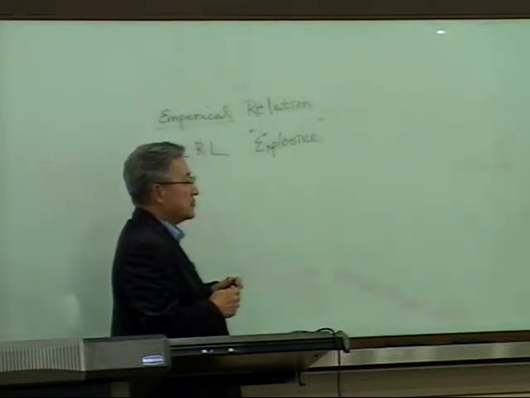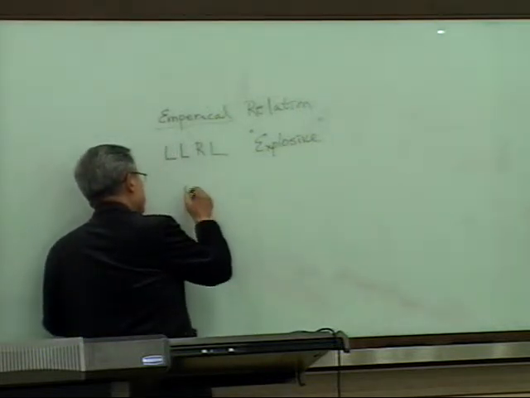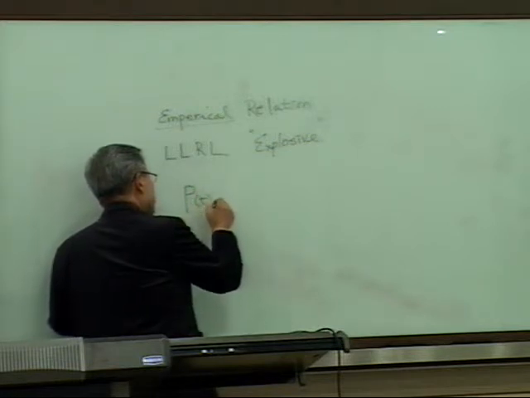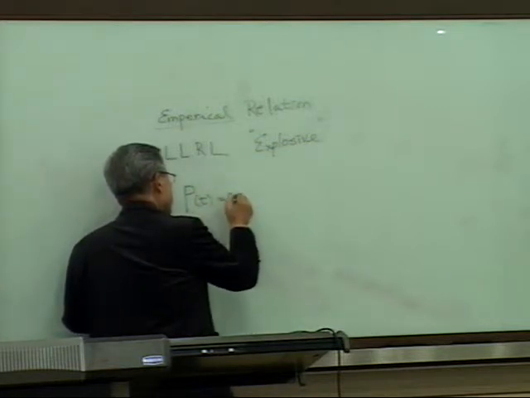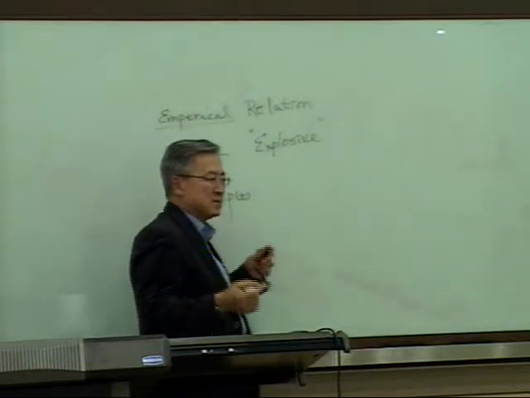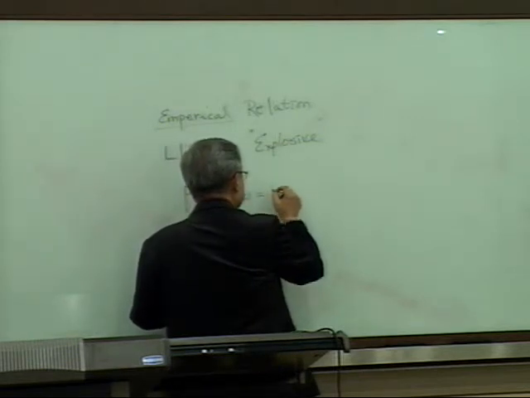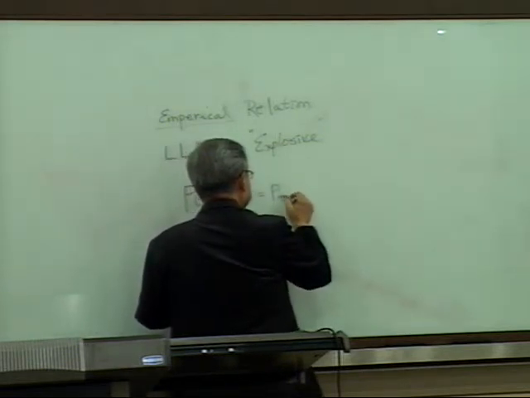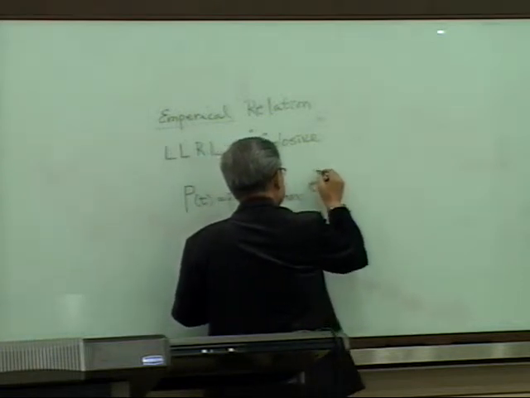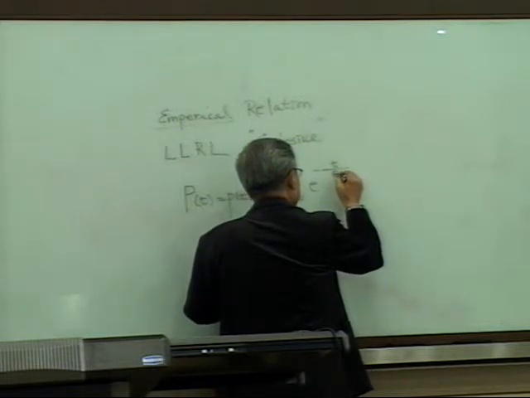Okay. And the first equation is very important. Sometimes I use a capital P, or sometimes a small p. Same, okay? It's equal to P max times e to the minus t over theta.